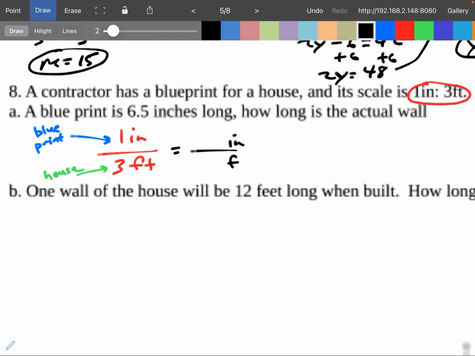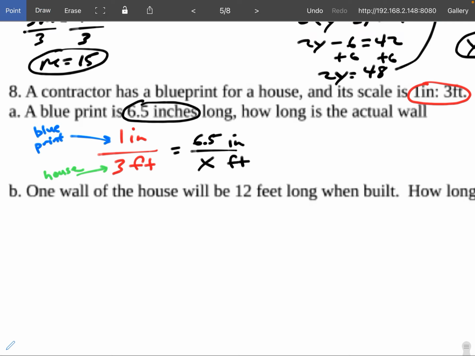Well, if we're consistent with the units, we can set up our other ratio. So this must also be inches over feet. The one they gave us here is 6.5. Where does that go, top or bottom? It's 6.5 what? Inches. So that's got to go on the top, which means our x is going to go on the bottom.